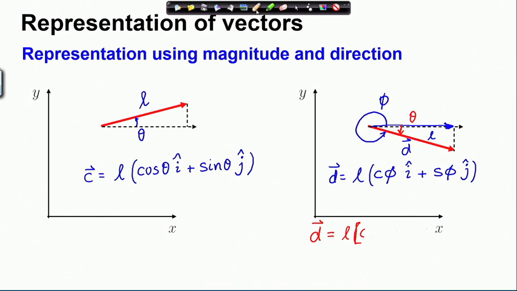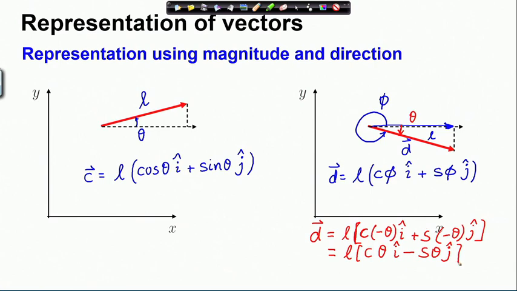So, I have represented cosine theta as C, cosine of minus theta as C of minus theta i cap plus S of minus theta j cap, which turns out to be L cosine theta i cap minus sine theta j cap. So, that is also a representation of D, but now using an angle measured in the clockwise sense.